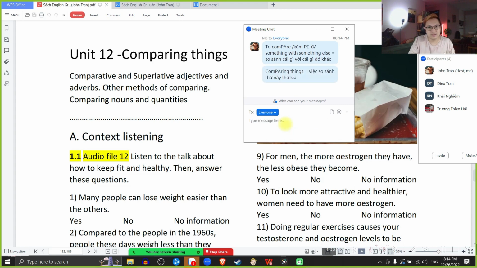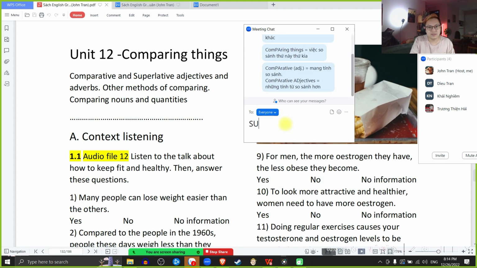So we have comparative. This is the adjective form of the word, cái dạng tính từ của nó. Comparative, mang tính so sánh. So we have comparative adjective, nó là những tính từ so sánh hơn.